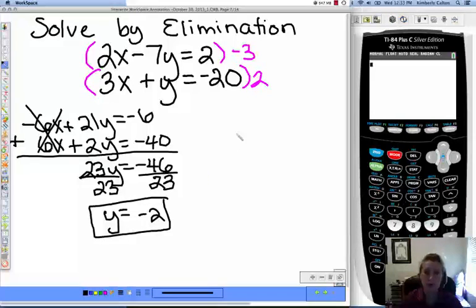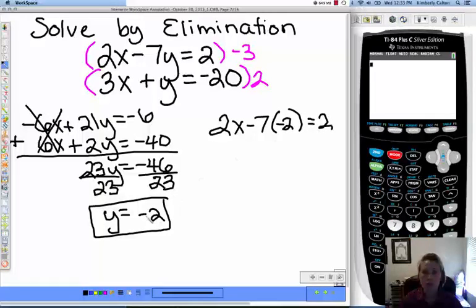Of course, now we have to solve for x. So using either equation, I'm going to choose the top one. We now have substitution using what y is, which is negative 2. So we have 2x plus 14 equals 2. We get 2x. We're going to subtract 14, so we get negative 12.